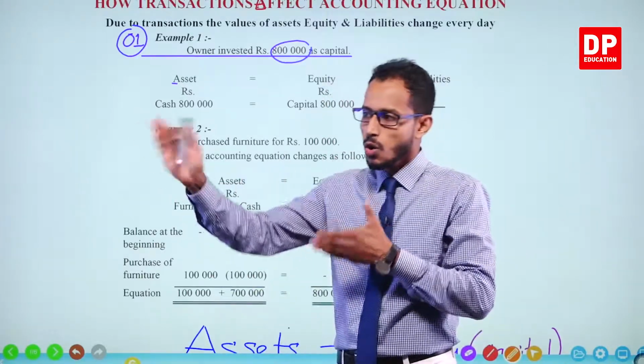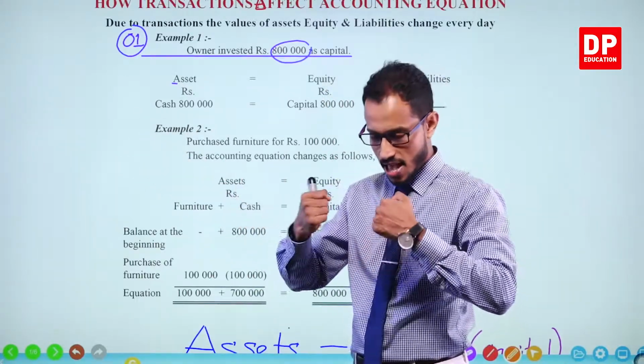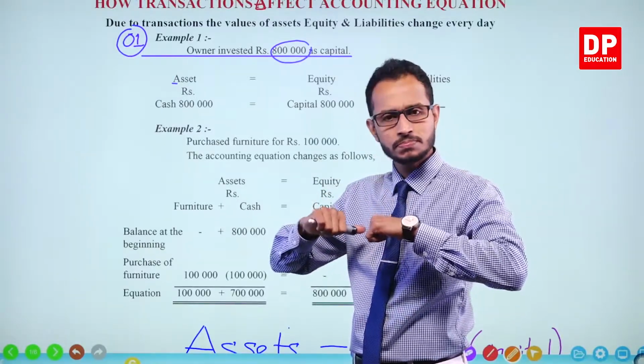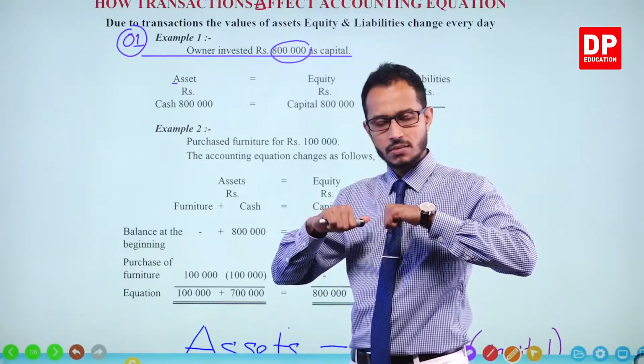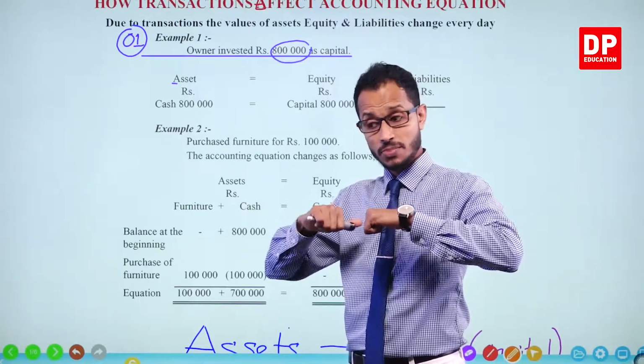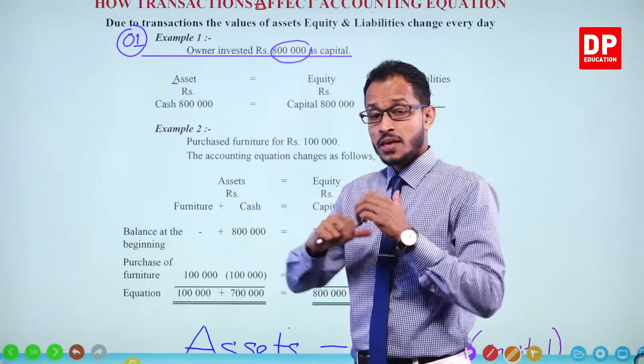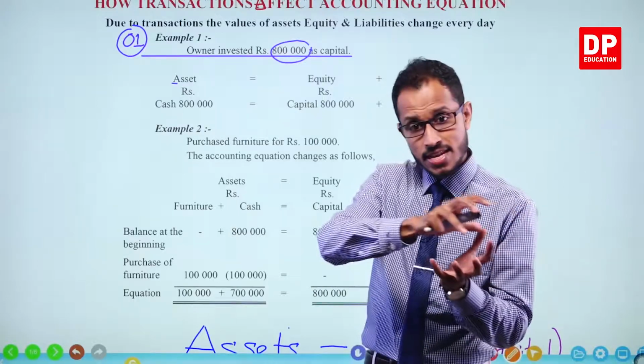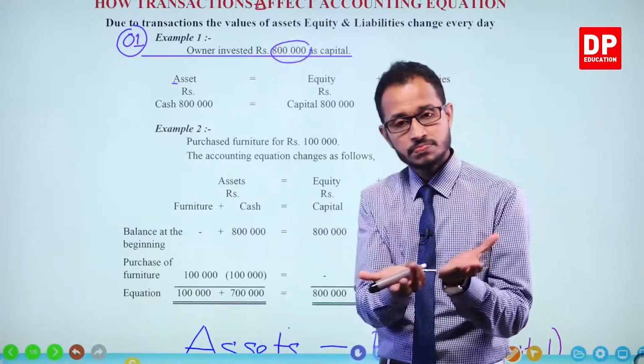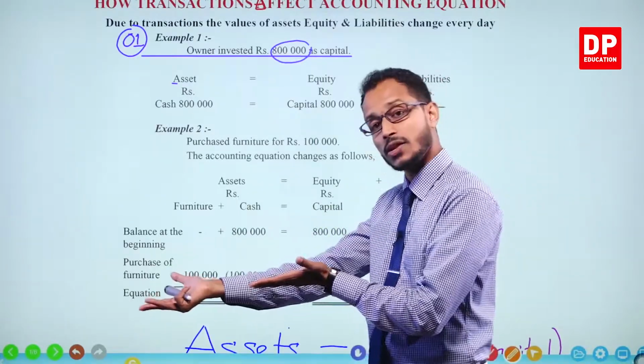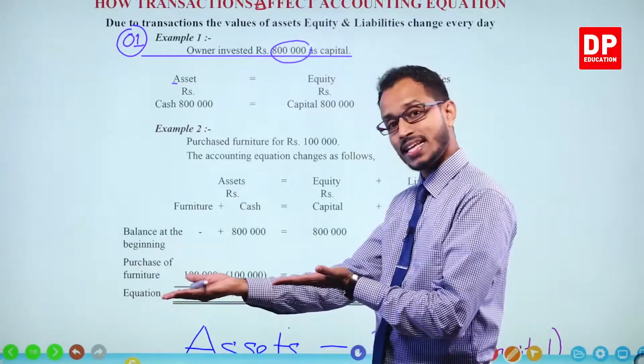Which means the owner, let's say I am the owner, right? I'm standing in front of you as the owner of a business, and I bring in cash 800,000 and invest that cash to the business.